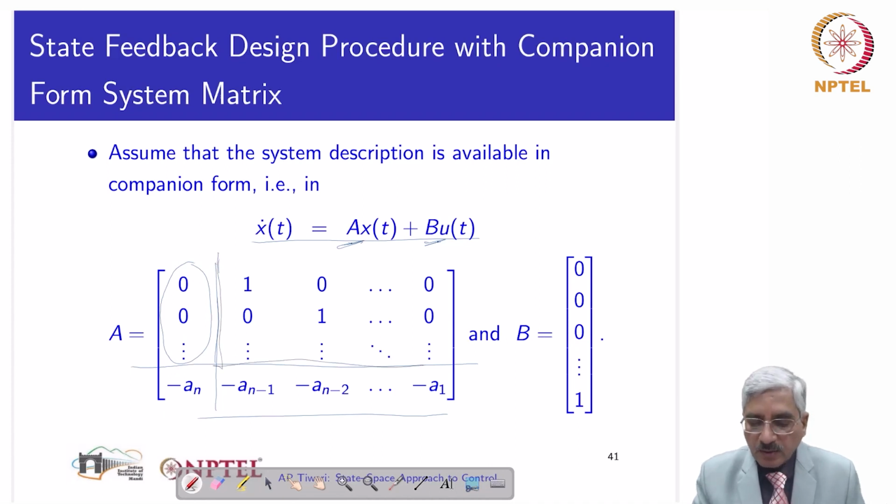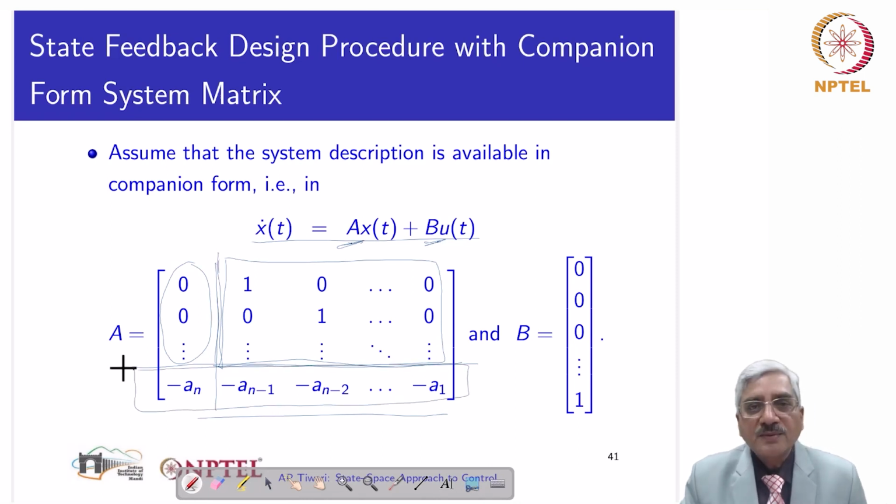This n minus 1 times n minus 1 part is an identity matrix, and the last row contains the coefficients of the characteristic equation taken in the reverse order. This is the coefficient of s power n minus 1. Next will be the coefficient of s power n minus 2, and so on. This is the constant term. This is the coefficient of s.